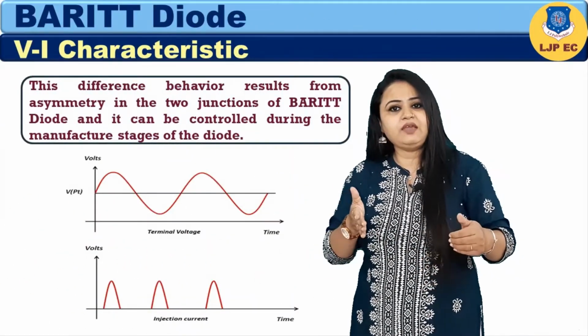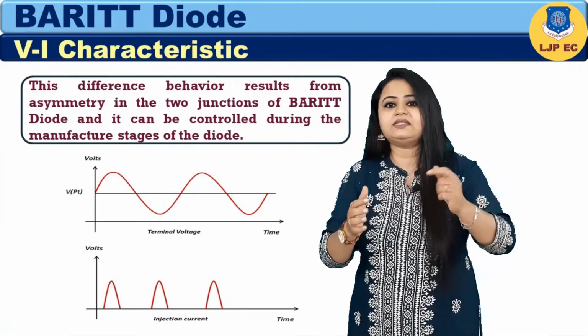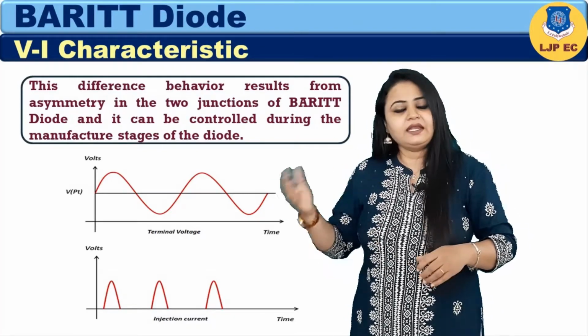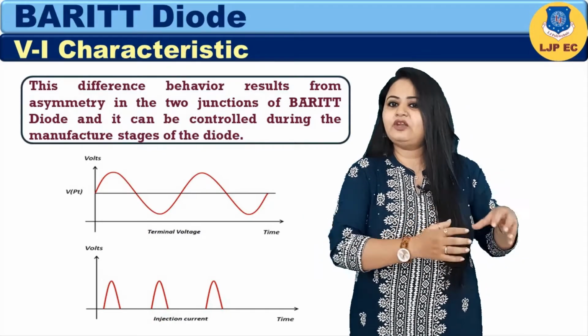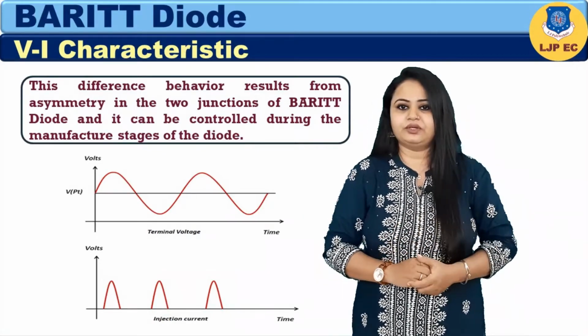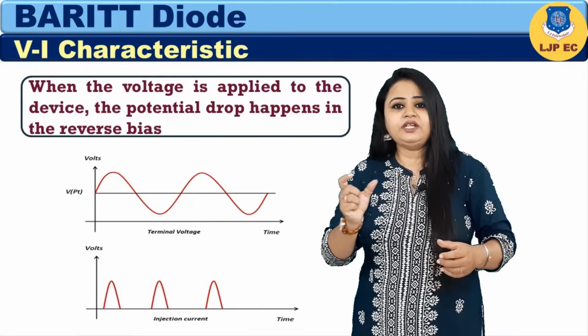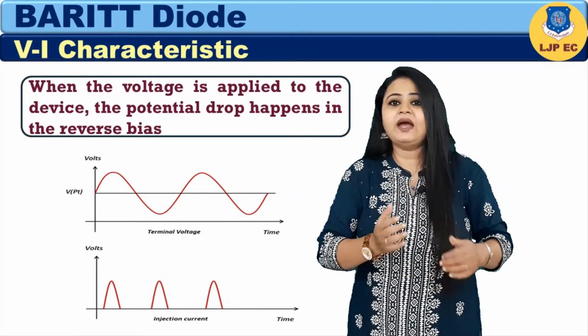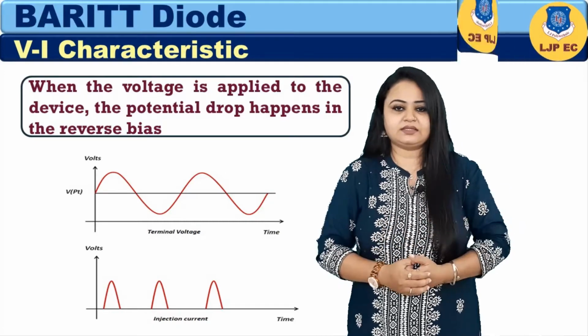This difference in behavior results from asymmetry of two junctions of Barrett diode and it can be controlled during the manufacturing stages of the diode. When the voltage is applied to the device, the potential drop happens in reverse bias.